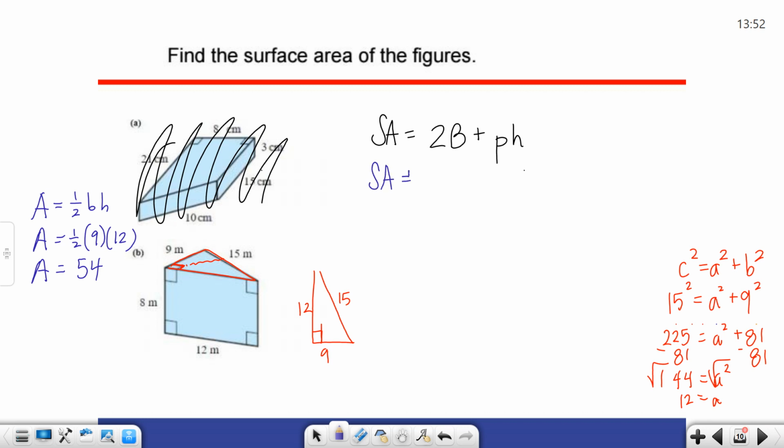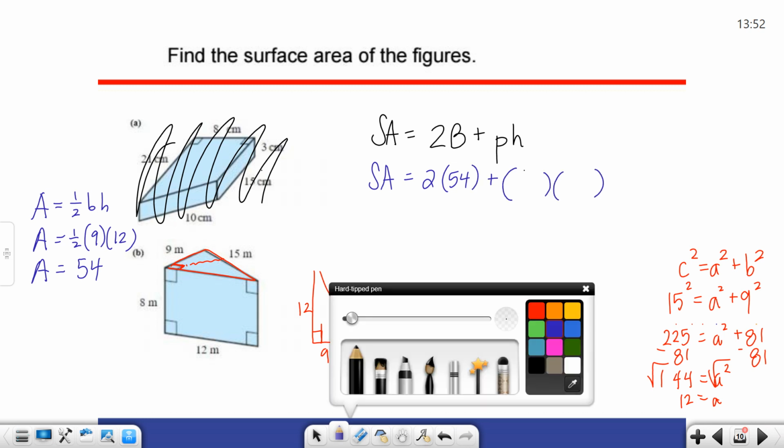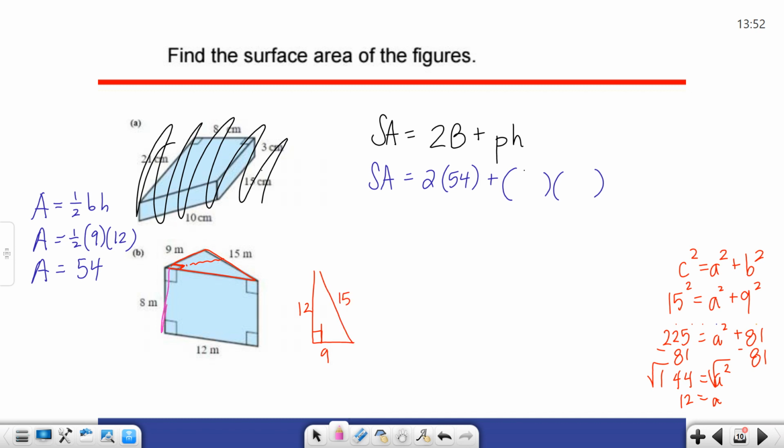So remember, the surface area is 2 times the base, which is 54, plus P times H. Okay, H is easy. This value is H, 8. All right, now then, here's your triangle, right? To find the perimeter of that, all I have to do is add up the sides.